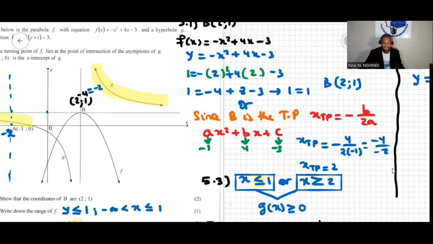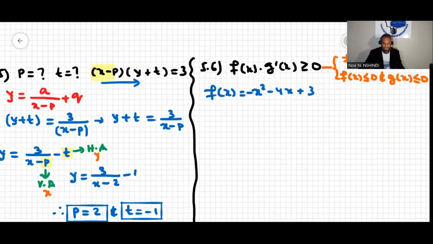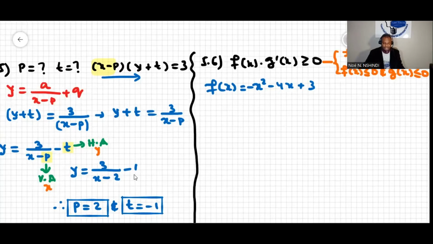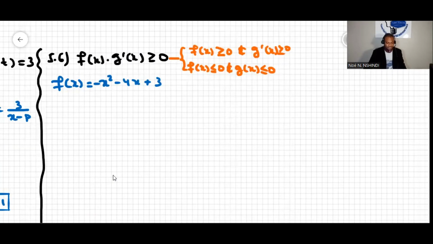So now maybe let's work it out. So I'm saying this will be positive and that's also positive. We're going to set it equal to 0 to find the critical values.